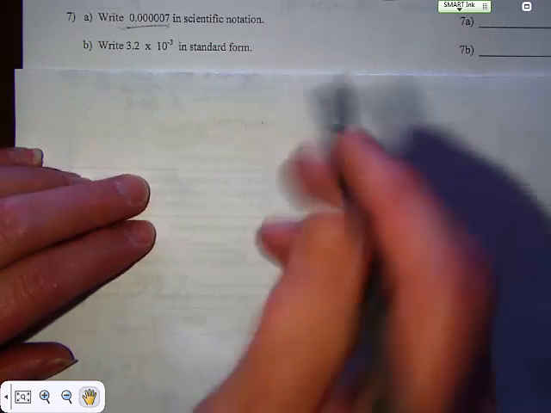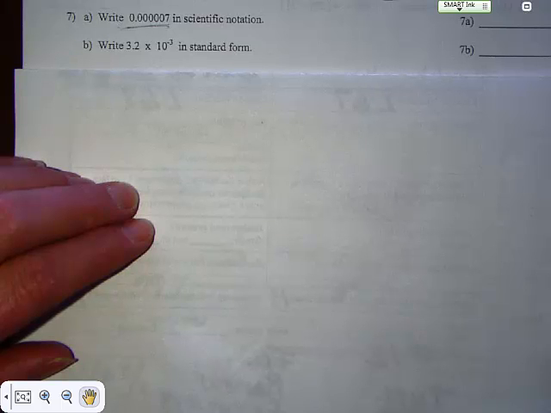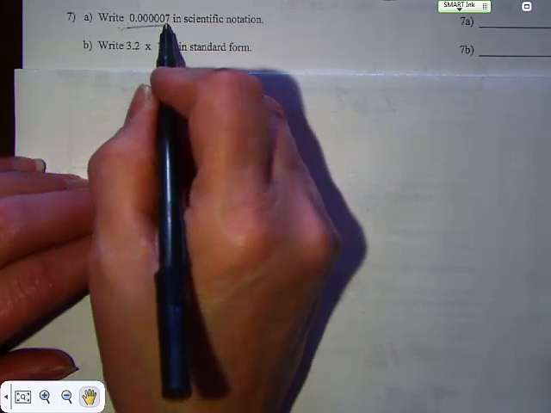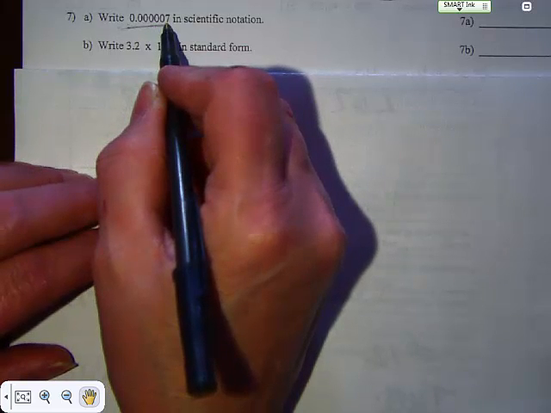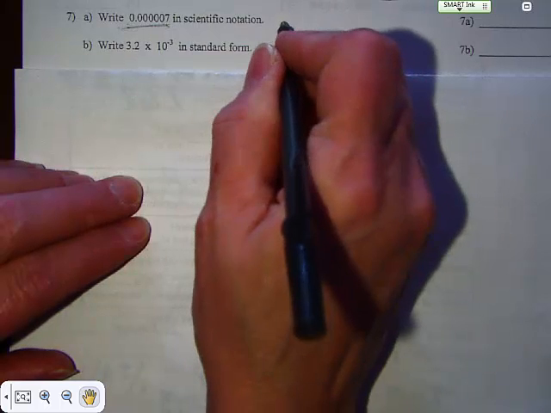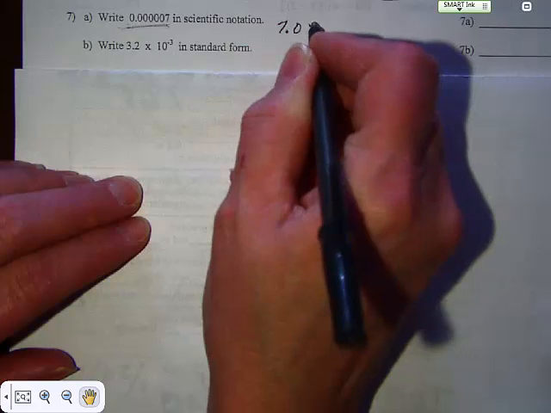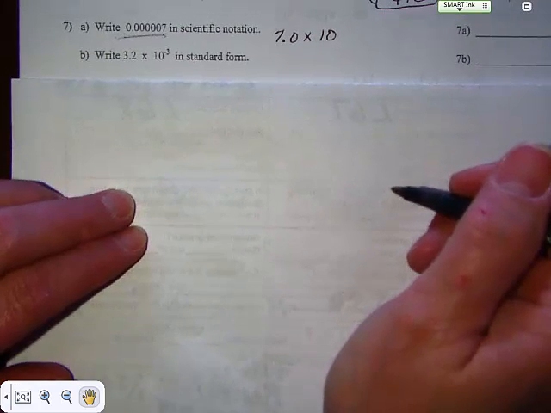Okay? Now, with scientific notation, you have to have one significant number to the left of the decimal, and then it's multiplied times a power of 10. So when we look through this number, the first significant number is the 7. Those zeros are not significant. They won't do us any good in front of that decimal. So we're going to write 7.0 times 10 to the, now we have to look at it.